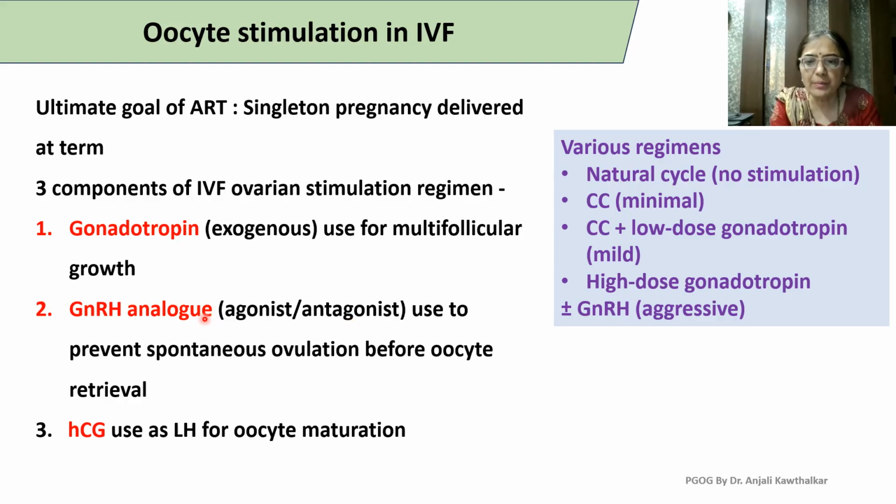Analog is the umbrella term, and whenever we say GnRH analog, it can be either agonist or antagonist. So we need to specifically mention whether we are using an agonist or antagonist in these ovarian hyperstimulation protocols of IVF. These are used to suppress the HPO axis to prevent spontaneous ovulation before oocyte retrieval.